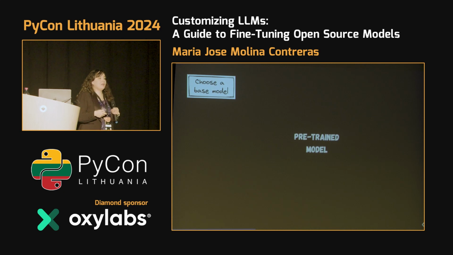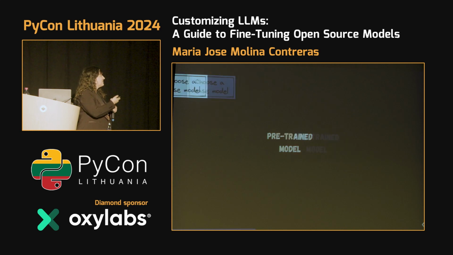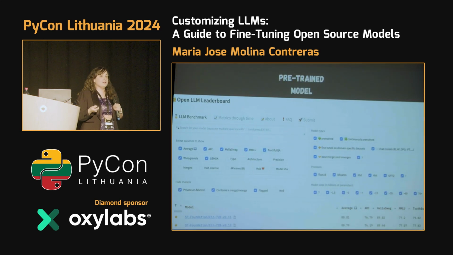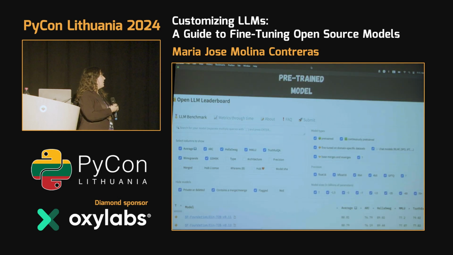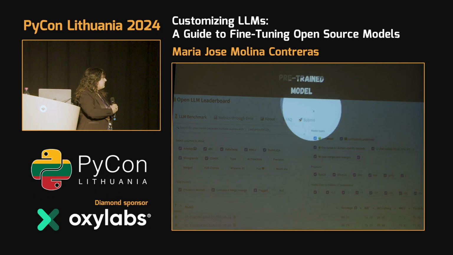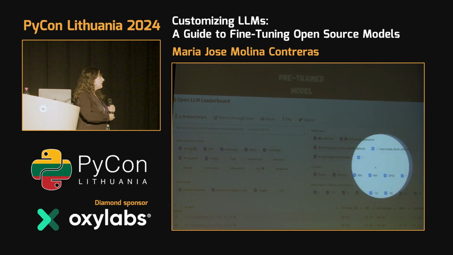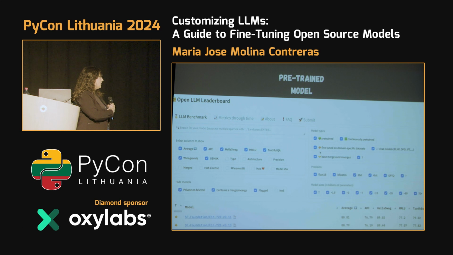The next step is to choose our pre-trained model. To choose the pre-trained model, of course, you can just ask other people, but a good way that I recommend is to go to the LLM leaderboard from Hugging Face, select the size that you need, which kind of model, and which kind of task you need to answer, because this is going to be a key point to say this model or this other model.